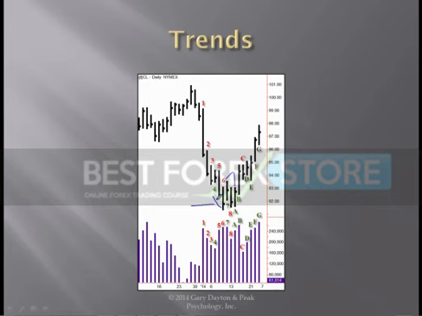So somebody's buying into that selling, they're absorbing that selling, and we have one indication that selling is drying up. Now at B, we get highest volume so far on the chart, and we're breaking up above the high of 4 and 5.